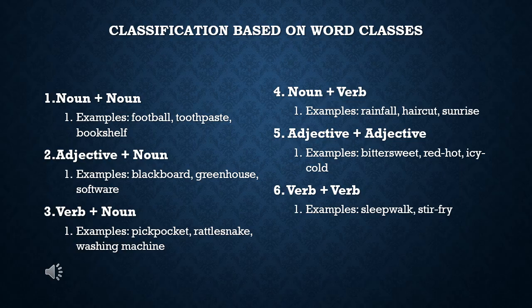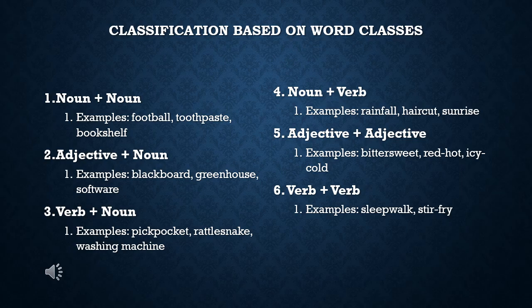Number one, we have the compounding of noun plus noun. For example, foot plus ball, football. Here foot and ball both are nouns that create a different word called football. Similarly, tooth plus paste, two different nouns creating the word toothpaste, and book plus shelf creating another word bookshelf.